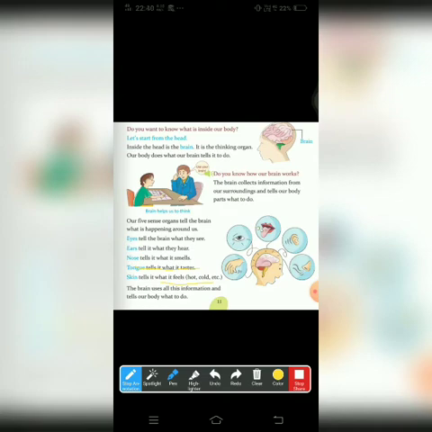This happens with us most of the time, that our skin feels that it is hot. It quickly sends the signals to the brain and then the brain instructs the hand to move back. And we instantly move our hand back. This process is very fast. So this is how our brain functions.